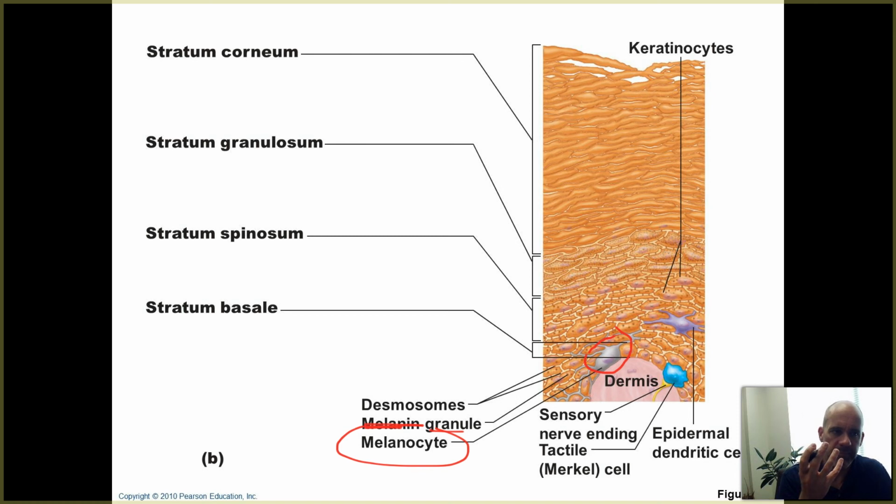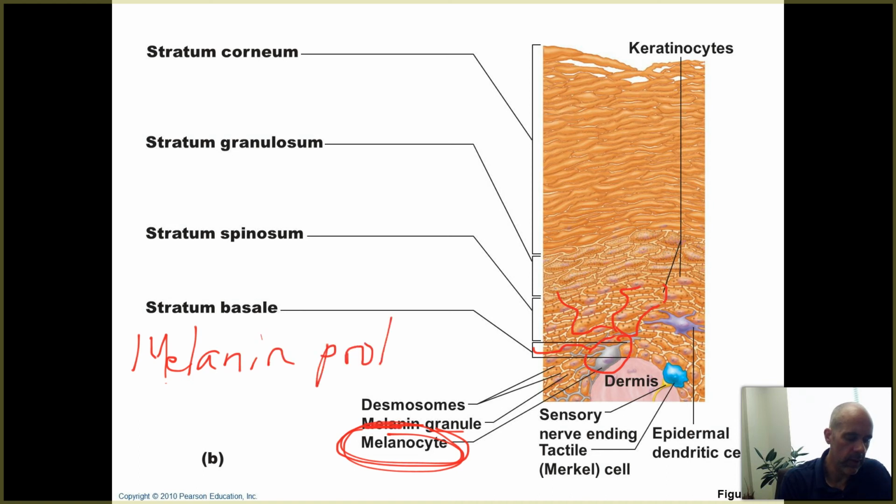Melanin gets packaged up into granules, and melanin is a dark pigment, and then those cells actually, they have little appendages that stick out everywhere up here into the stratum spinosum, and they send those melanin granules into the keratinocytes. So the melanocytes make the melanin, they transfer the melanin into the keratinocytes, and then once it's in there, the melanin protects the cells from UV damage.